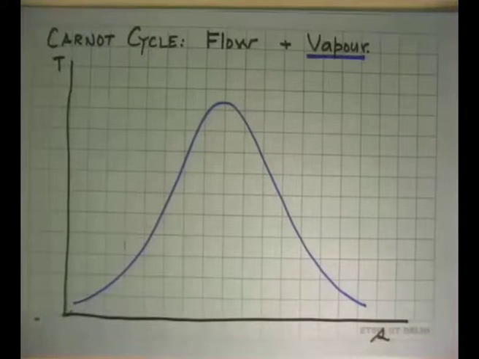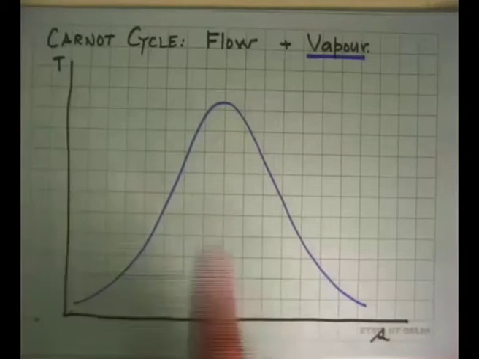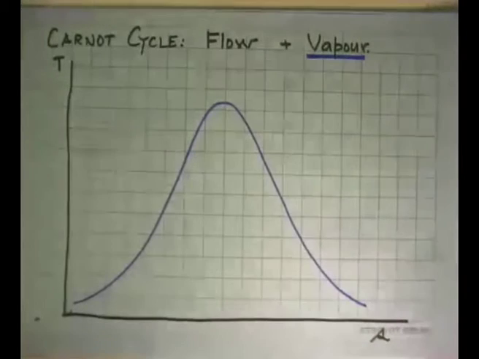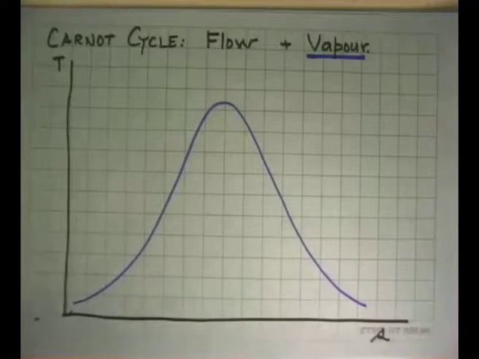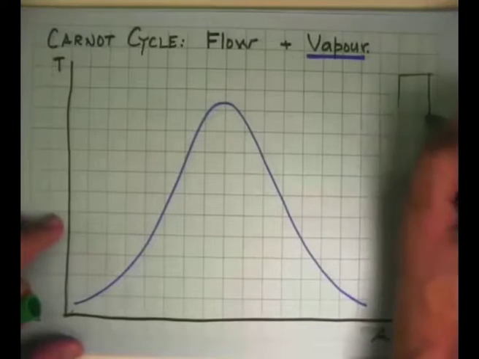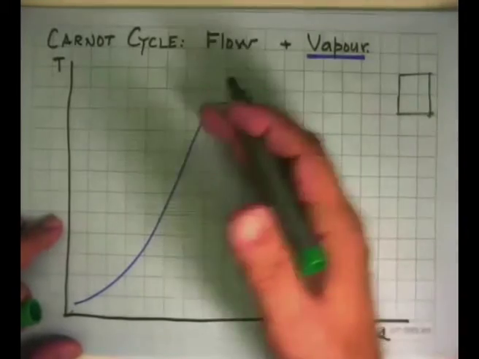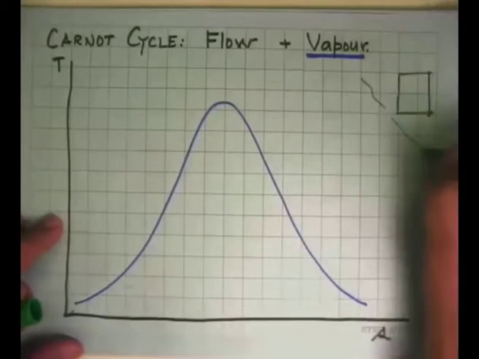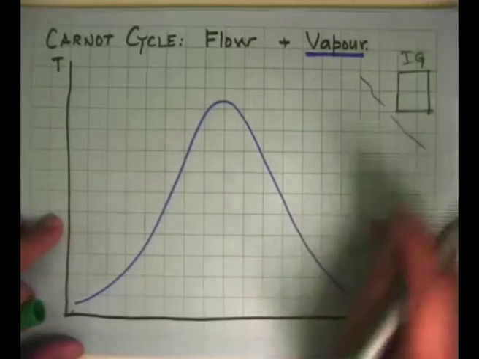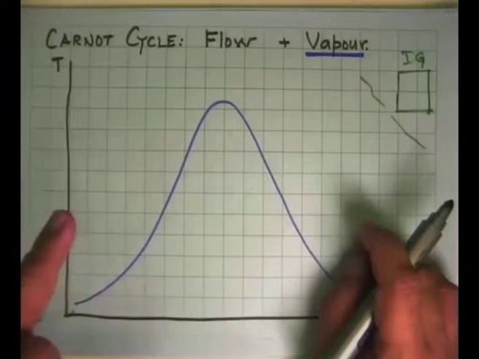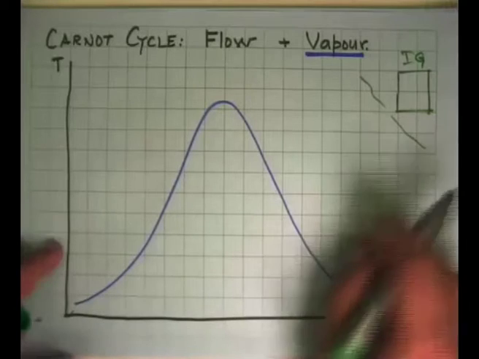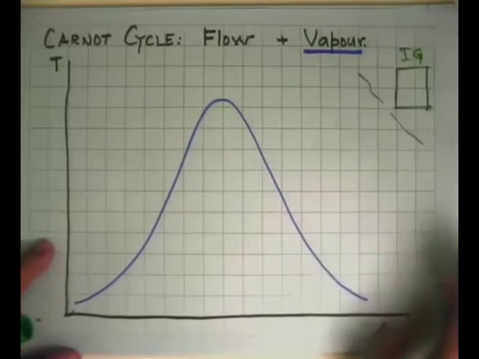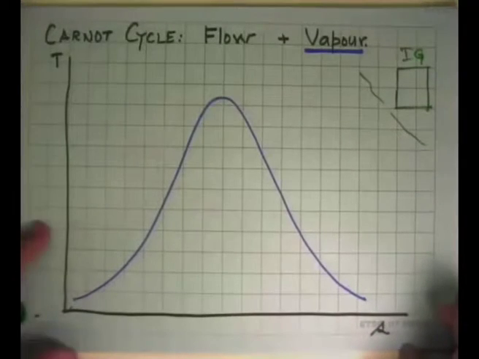And now what happens? Let's say any rectangle that I can put on this is a Carnot cycle. I said, okay, so we put a rectangle over there, that's the Carnot cycle. We are far away from the dome, so this is an ideal gas, and we just argued that whether it was a flow system or a closed system, we cannot make this, or we cannot come close to it also.